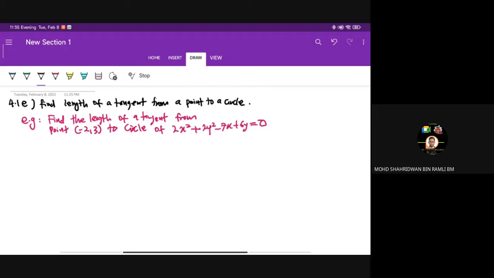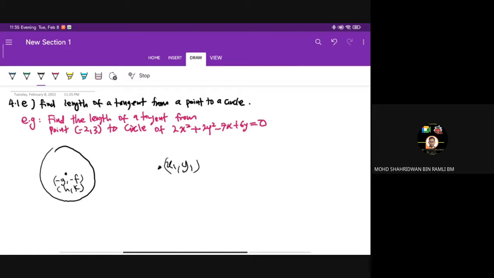Let's say you sketch this circle. This is your center, (h, k), or in terms of negative g, negative f. And then you have a point here, (x1, y1).